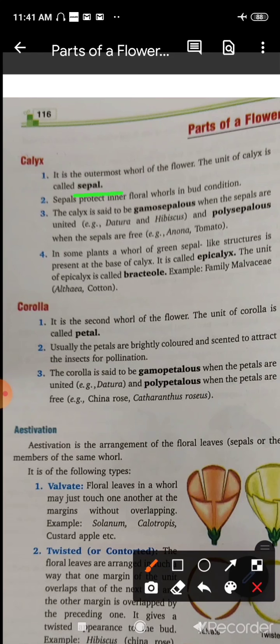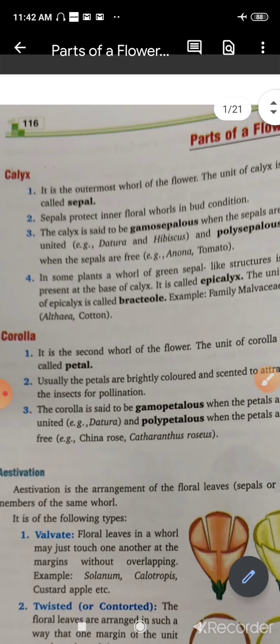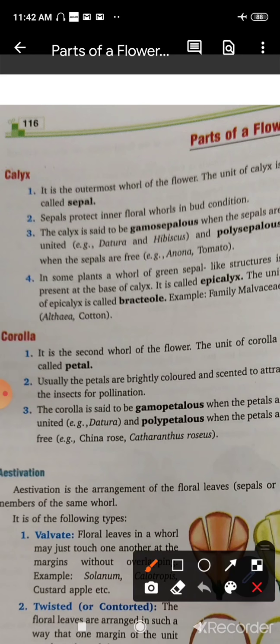Now what is the function of the sepal? Sepals protect the inner floral whorls in the bud condition. Now if you remember seeing a rose bud or any other bud, this is the arrangement of the sepals, right?